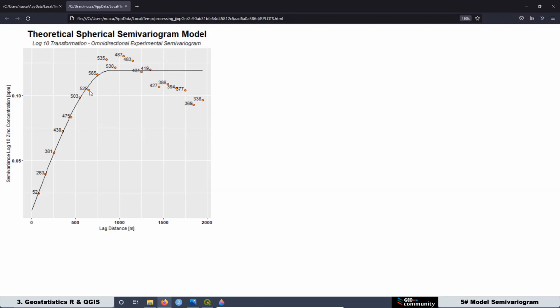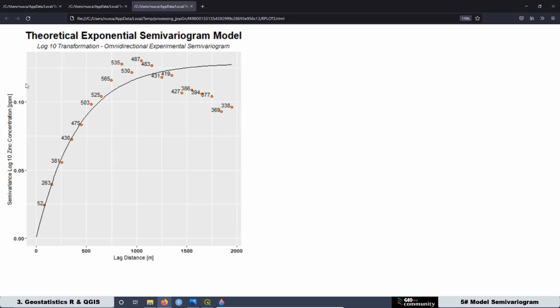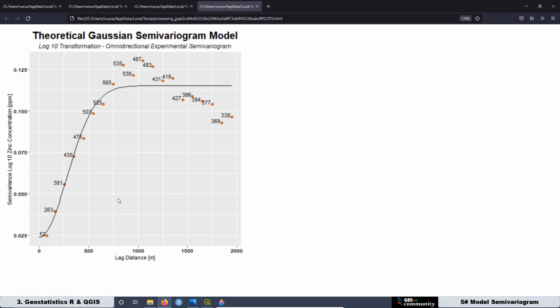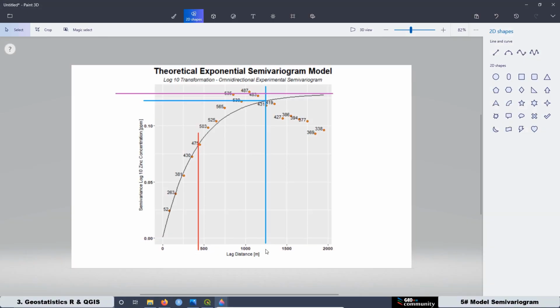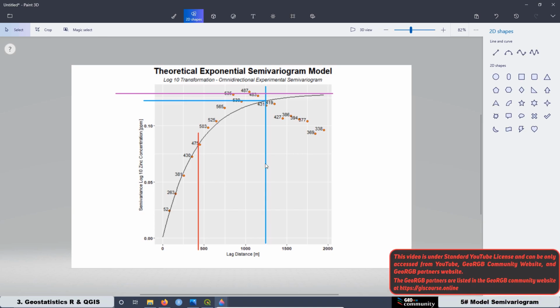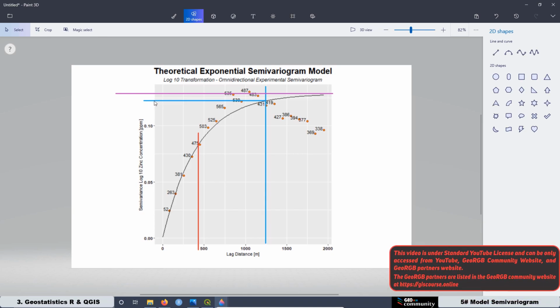And we are going to see how easy and fast it is to change from one model to a different one with this script. Then we are going to see what is the relation between the theoretical exponential model and the range that we get automatically.